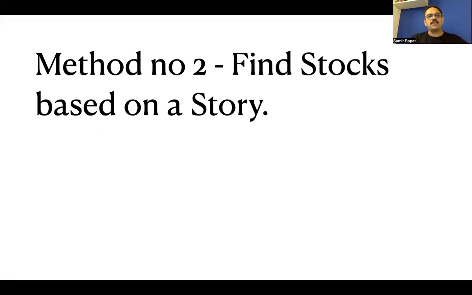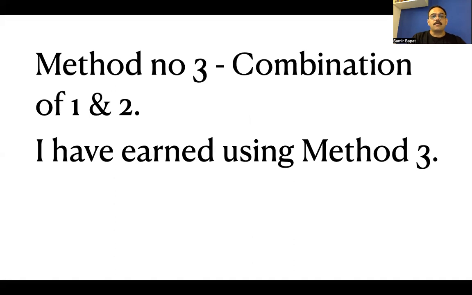Method number two is to find a stock based on the story: see what is likely to happen in the future about this stock or this sector, and then invest based on the story. Method number three is a combination of one and two.